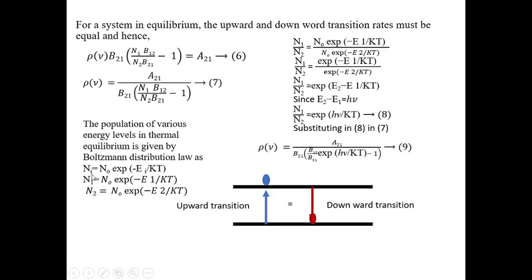So if I write it, N1 = N0 exp(−E1/kT) for i equal to 1, and N2 = N0 exp(−E2/kT).